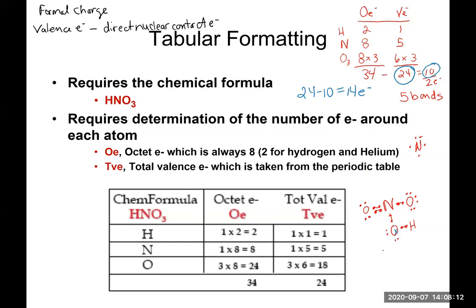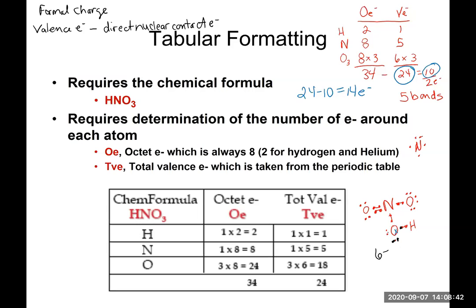So the valence for oxygen, it's in group, column, or family 6A. So the valence is 6. And I'm going to subtract the electrons that are in direct contact with the nucleus. And so I know that I'm sharing 2 electrons, but only one of those 2 electrons is in direct contact with the nucleus. And that is this one.